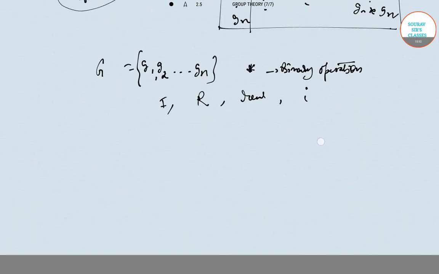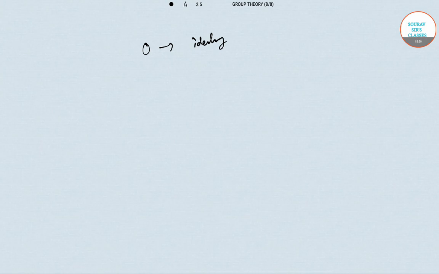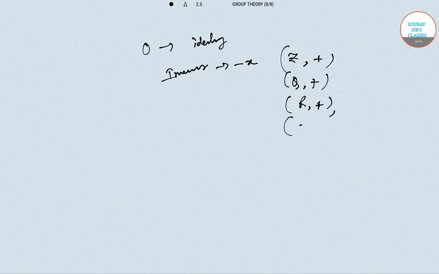In each case, here we can take 0 as the identity element. In case of addition, 0 is the identity element, not 1. And the inverse of an element x is denoted by minus x. So Z comma plus, Q comma plus, R comma plus, and C comma plus. So these are all binary operations with respect to addition.